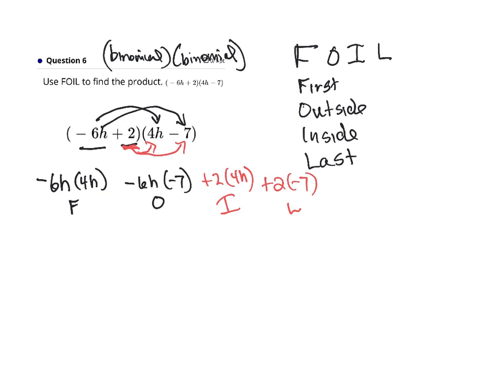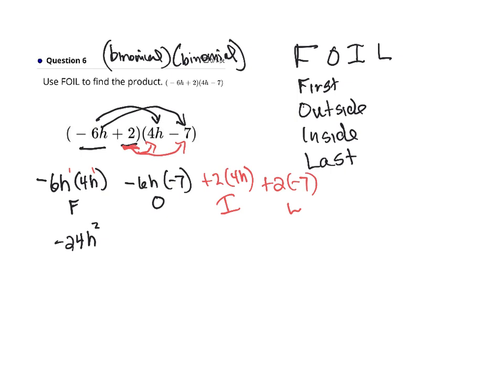Negative 6 times 4, that's negative 24. We're multiplying, so h times h is h squared. Remember, when you don't see an exponent on a variable, a letter, it's understood to be a 1. So this is understood to be a 1 and a 1. And when you multiply, you add your exponents.